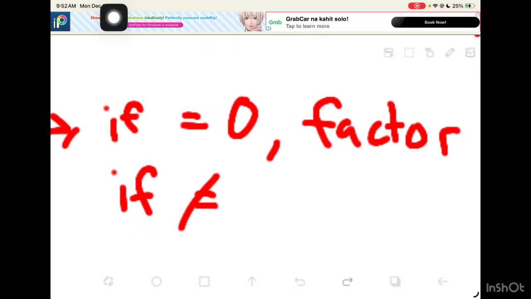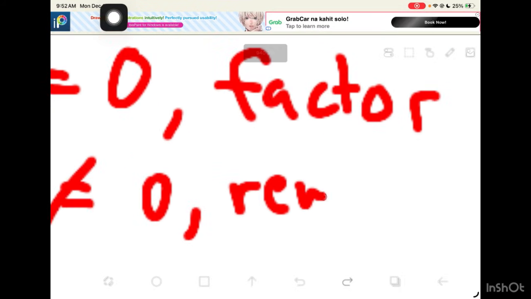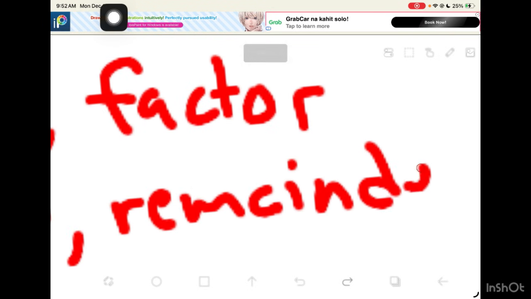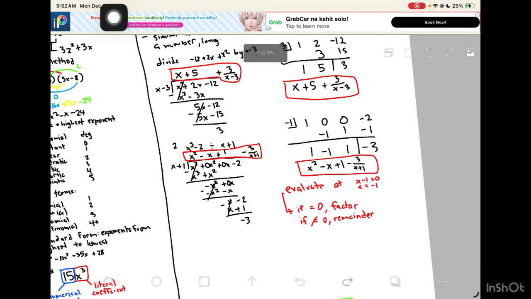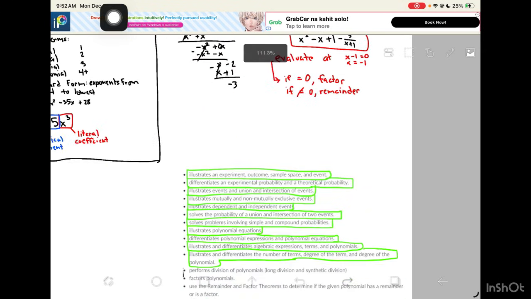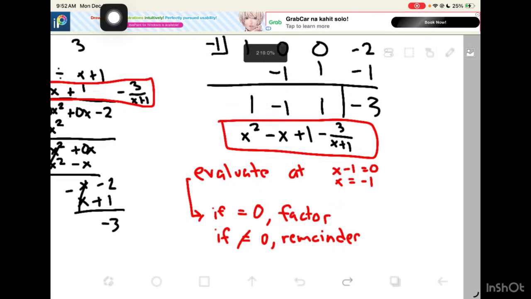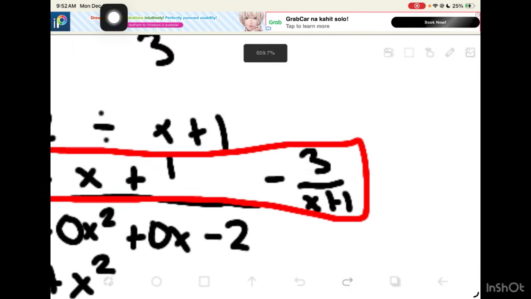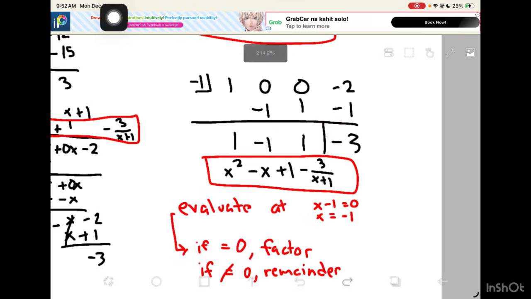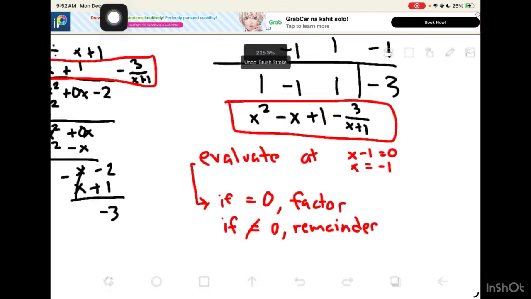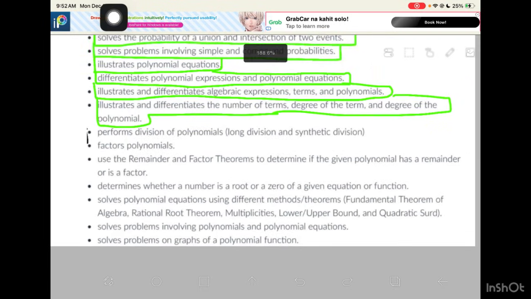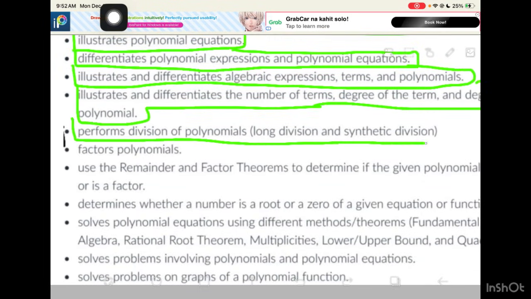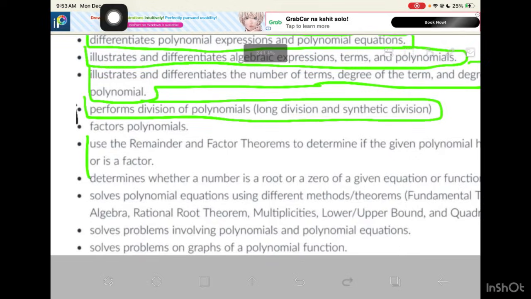If not equal to 0, that's called remainder. So they're doing the same process, but it just has a different term. They're essentially the same process, but that's how you do the remainder and factor theorem. So if you're asked quickly just to find if it's a factor or not, just equate the divisor to 0, substitute the value of x, and then evaluate. So you'll be allowed the calculator so that you can solve it quickly.